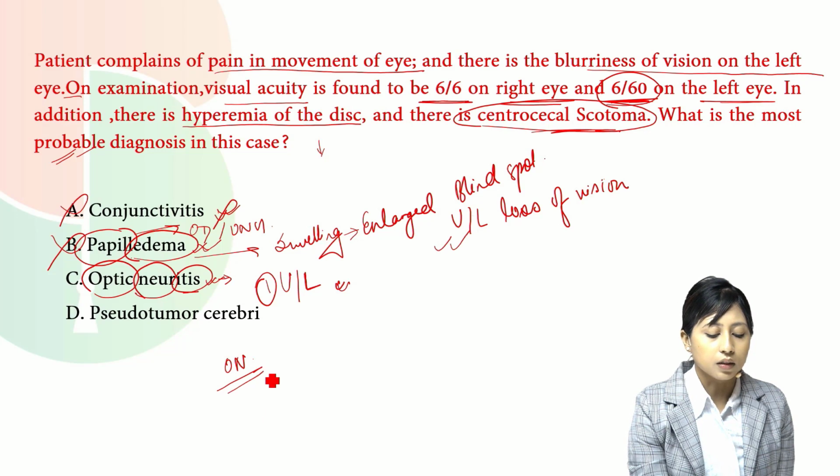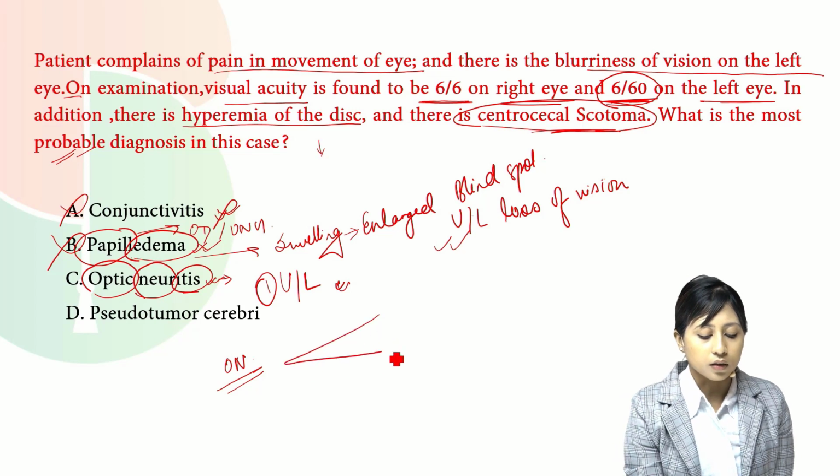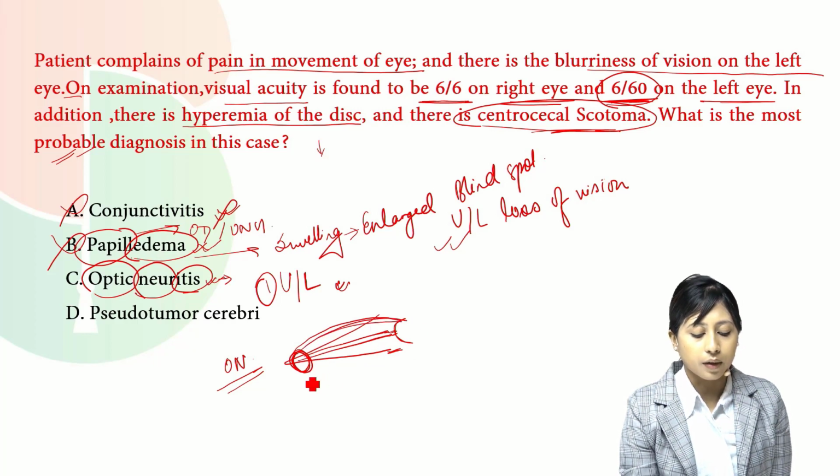Optic neuritis is generally associated with pain on eye movement. Why pain on eye movement? Because, as we know, the eye is a pyramidal structure and there is the annulus of Zinn and the optic nerve. The optic nerve inserts into the sclera at the lamina cribrosa, and the extraocular muscles also insert into the sclera.